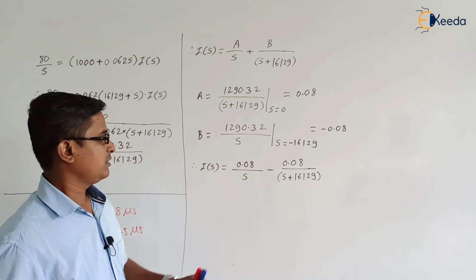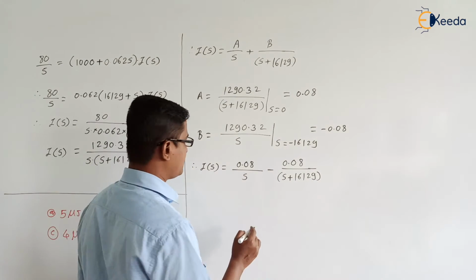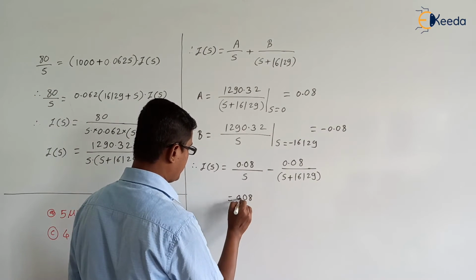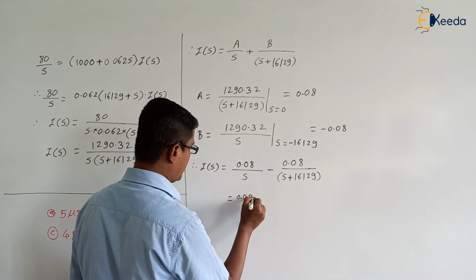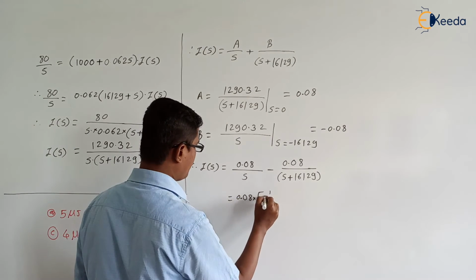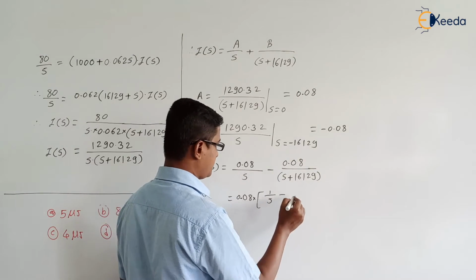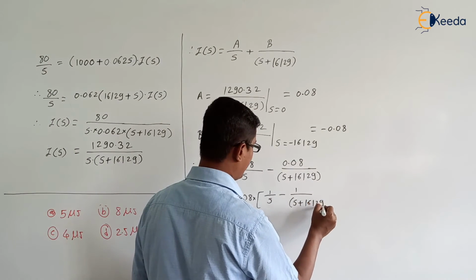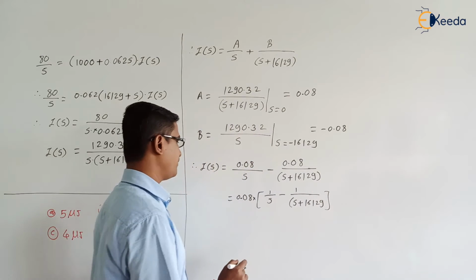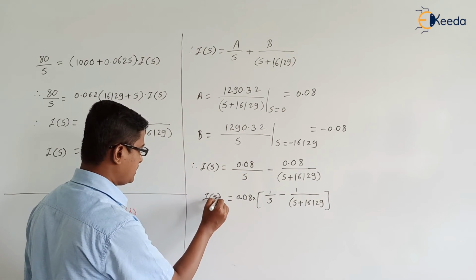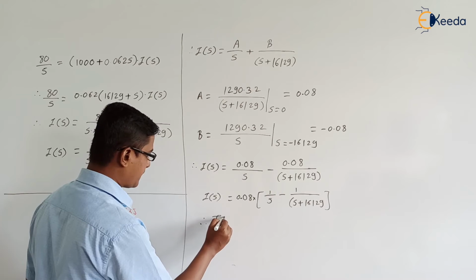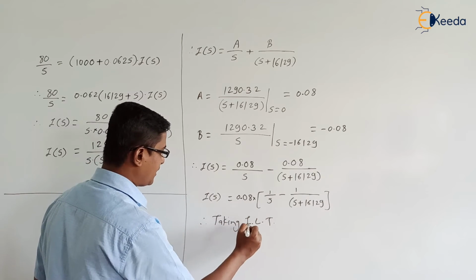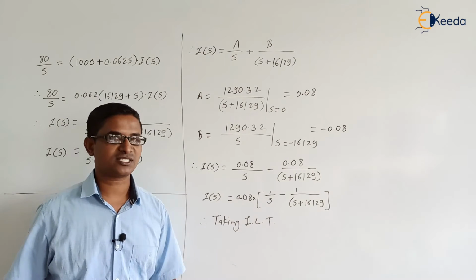So now we can write it as 0.08 into 1 by S minus 1 upon S plus 16129. Now can we take the inverse Laplace transform? Yes, therefore taking inverse Laplace transform, I am writing ILT. ILT means inverse Laplace transform.